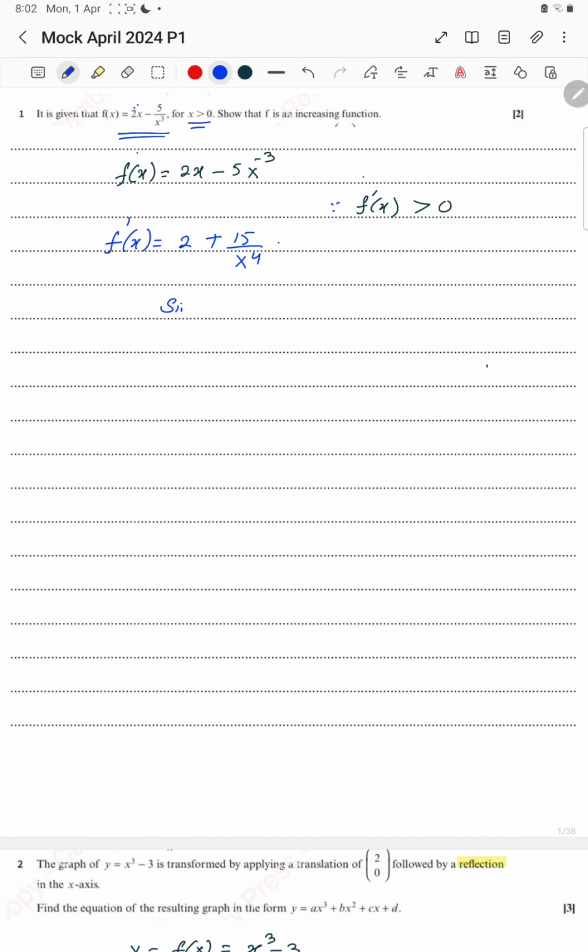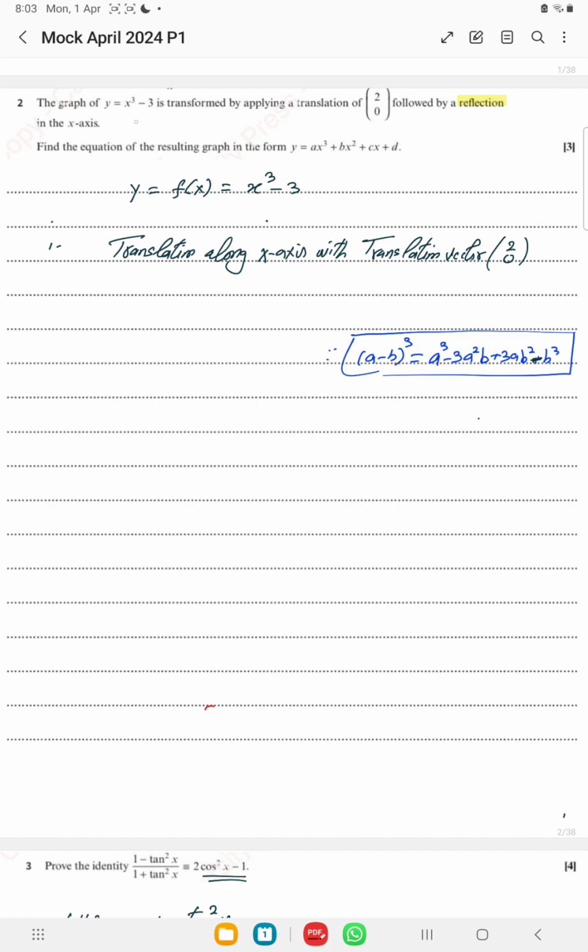So since 2 plus 15 over x to the power 4 is greater than 0 for all x greater than 0, hence f of x is increasing. Proved. We have to prove this. This was a 2 marks question. I hope it is clear.